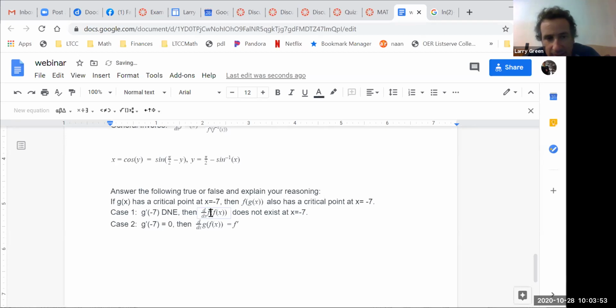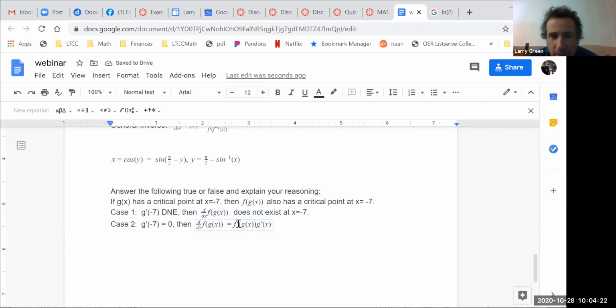Retype it. Sorry about that. It was f of g. And similarly, the derivative of f of g will be f prime evaluated at g of x times g prime of x. That's the chain rule.